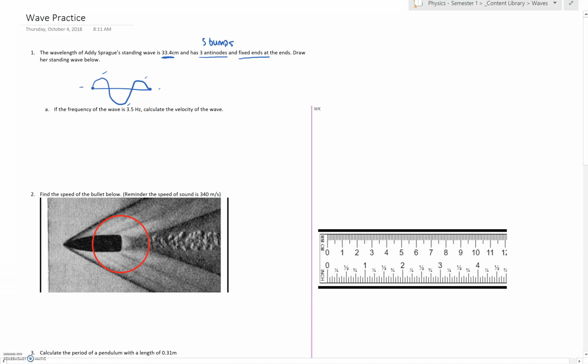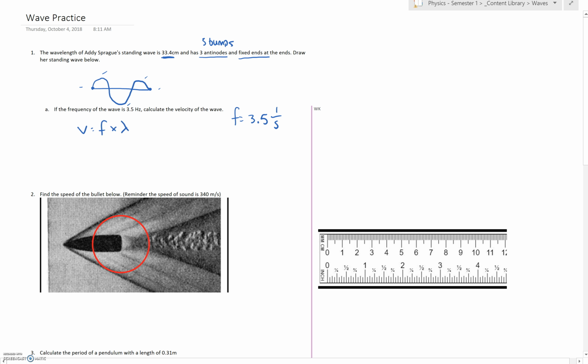Now, if the frequency of that wave is 3.5 hertz, we want you to calculate the velocity of the wave. First of all, keep in mind that a frequency of 3.5 hertz means there are 3.5 cycles in every second, so the units are really 3.5 times 1 divided by seconds. That's what a hertz stands for. Remember the formula, one of the really big formulas that we use: the speed of a wave is equal to the frequency multiplied by the wavelength.